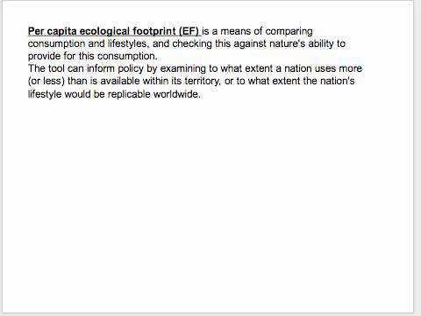As you go on, you will see that each person at the moment has about 1.8 hectares, or obviously one share of the Earth's resources. So each person is allowed one Earth. For example, if you use twice your share, so 3.4 hectares, that's 2 Earths that you're using up.